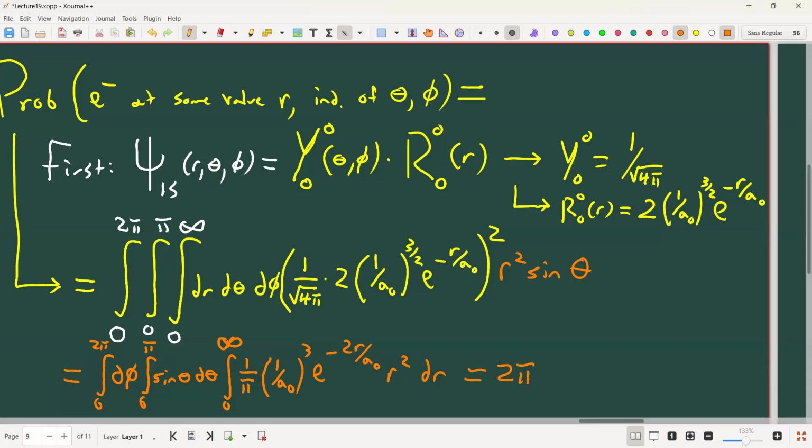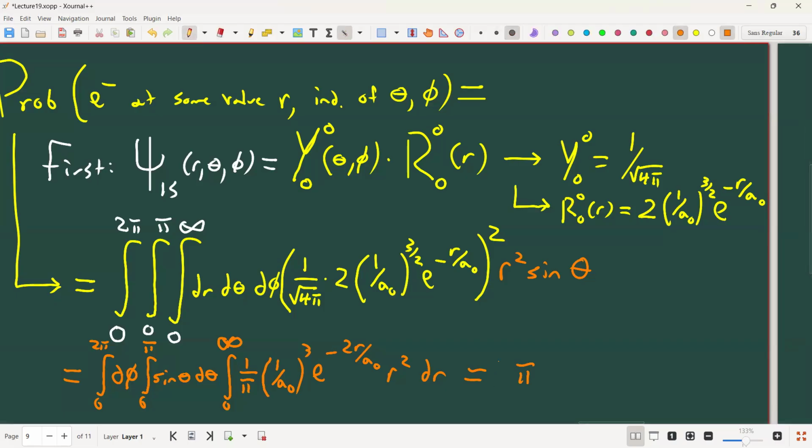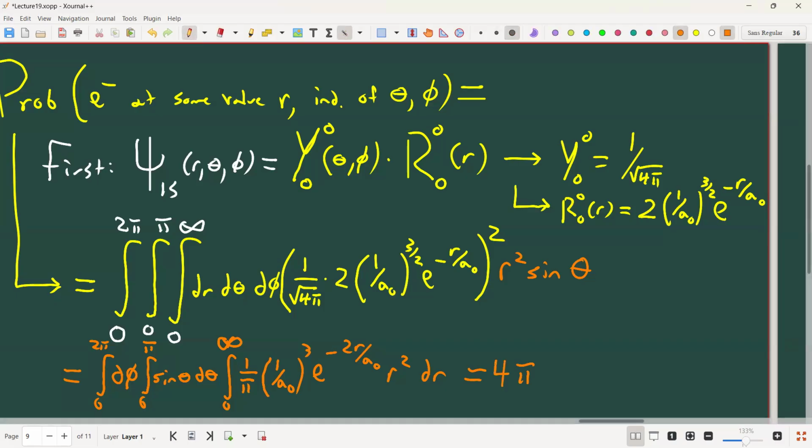The integral of sine is cosine. Cosine of pi is -1, minus the cosine of 0, which is 1. It's -1 minus 1, minus 2. All right, it's 2. Sorry, it's 2. Apologize. So we get a 4 pi.